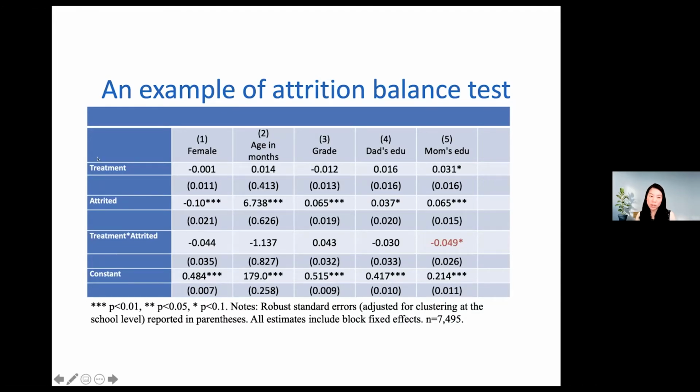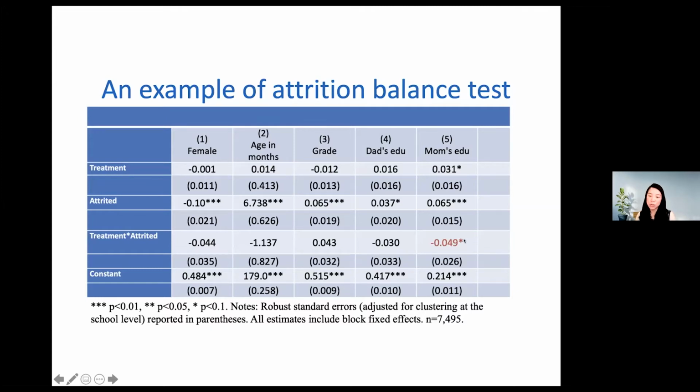So what we need to do is basically use our data to show whether the attrited students are the same or not after attrition, even if there is attrition. For example here, we can see that mom's education is significantly correlated with students attrited from the treatment group, which is fine.